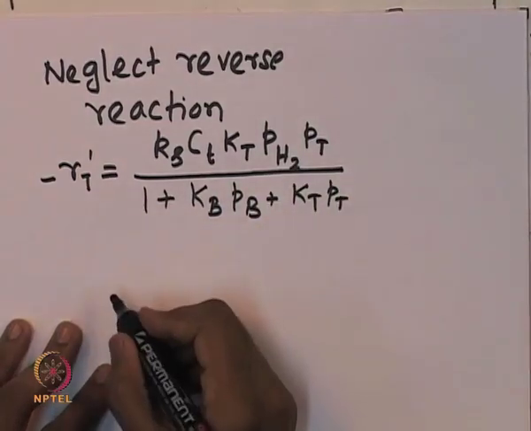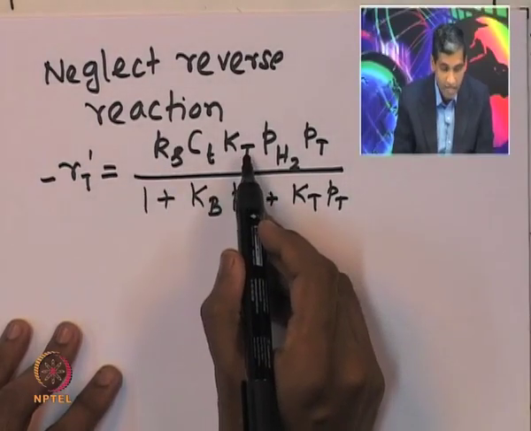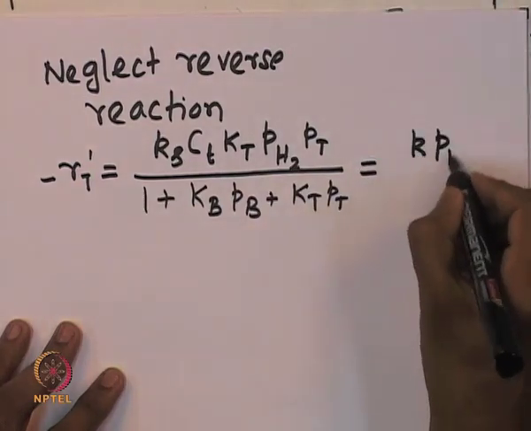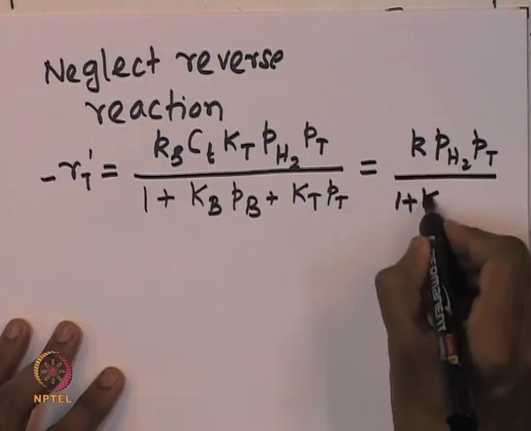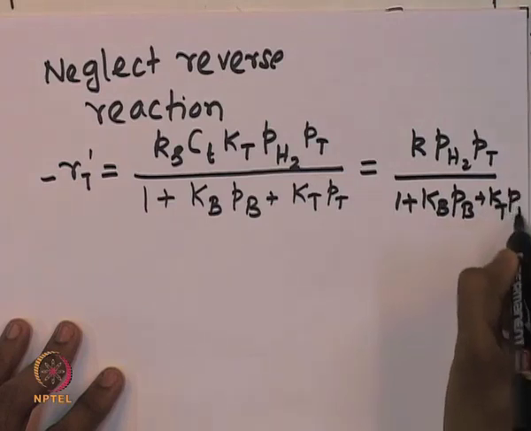By clubbing K s, C t and K t into one constant, we can write this as K into partial pressure of H 2, partial pressure of toluene, divided by 1 plus K b P b plus K t into P t.